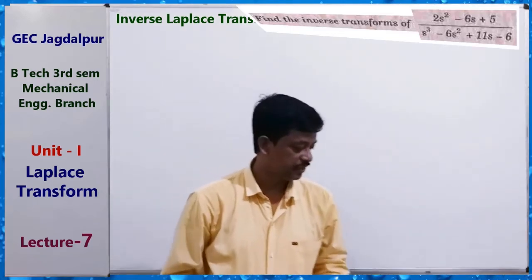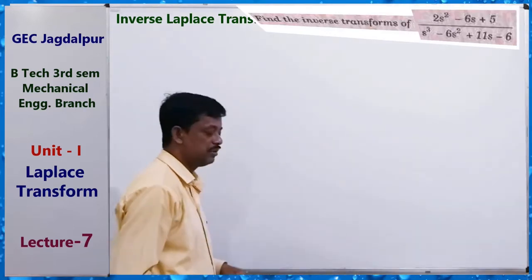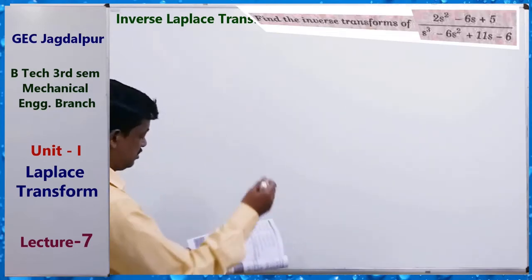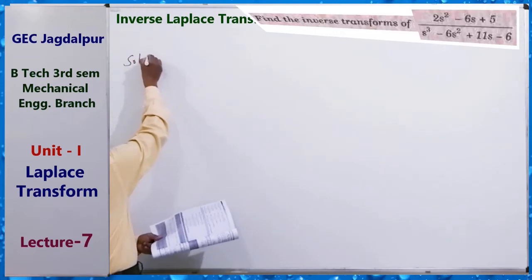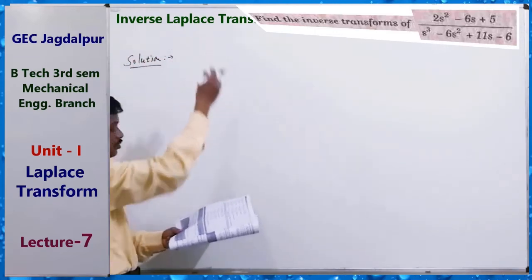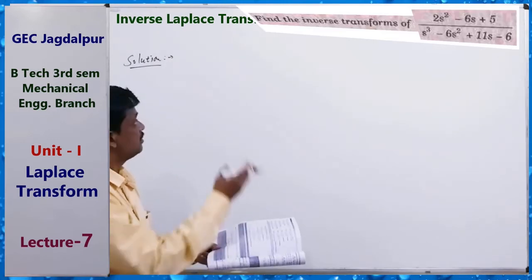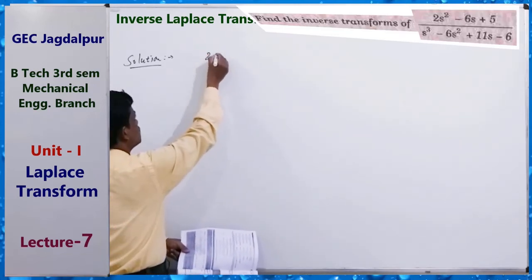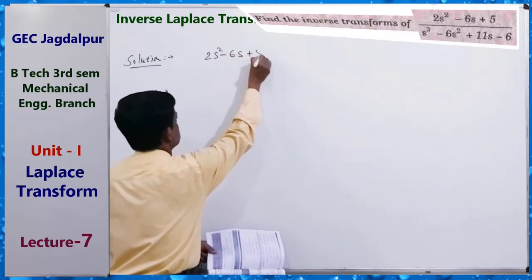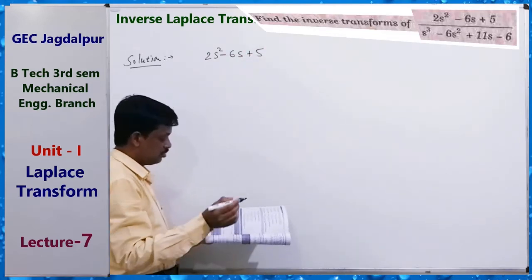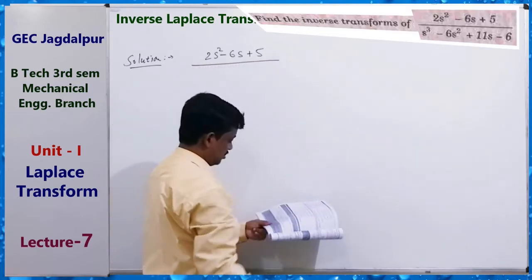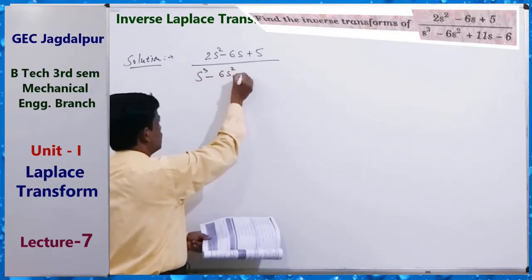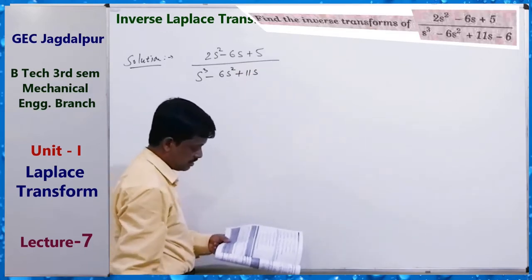So take a question for solving this. Find the inverse Laplace transform of 2s square minus 6s plus 5 upon s cube minus 6s square plus 11s minus 6.